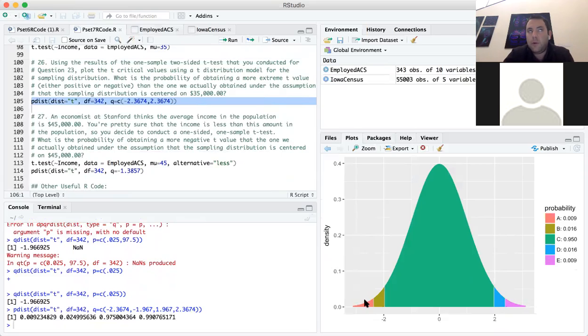So then what we're looking for is the test statistic and where that falls: if it falls within this green region or if it falls amongst the two tails.